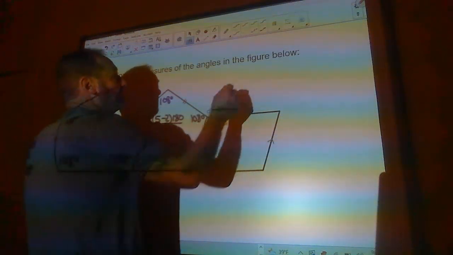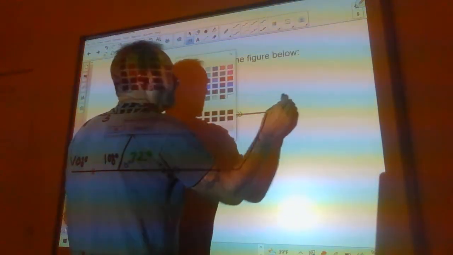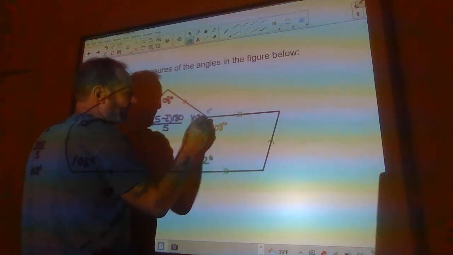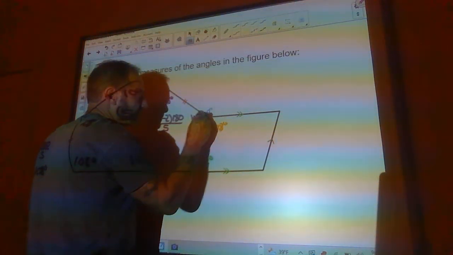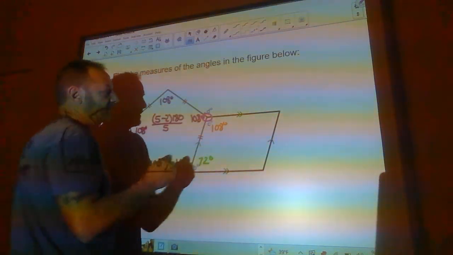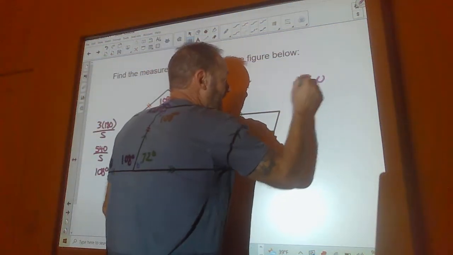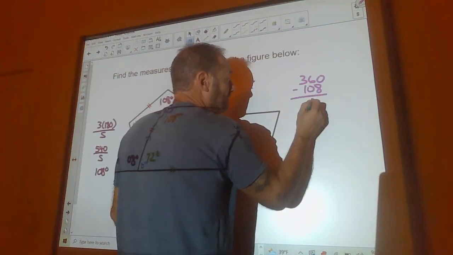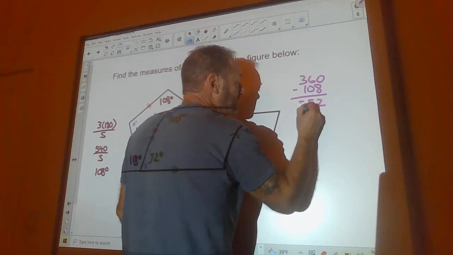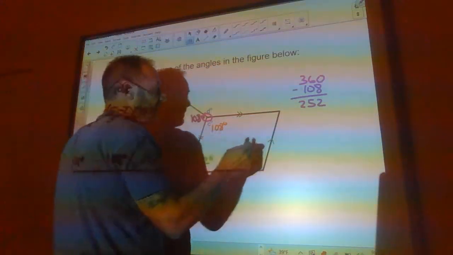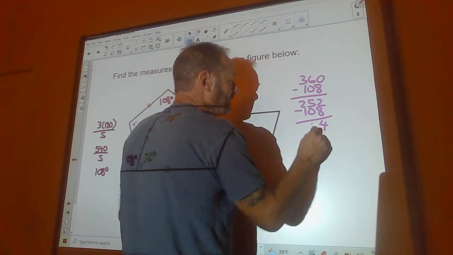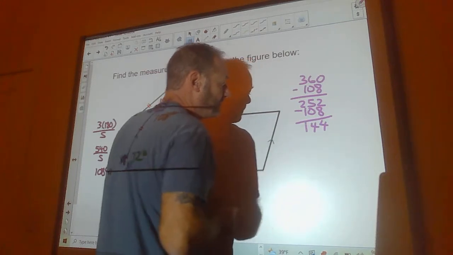And then that gives me D, because if I made a complete circle right here, there'd be 360 degrees in that circle, and I've already used 108 right here, so I'll take those out. That leaves me with 252, and there's 108 right there. I'll take those out, and that's going to leave me with 144.